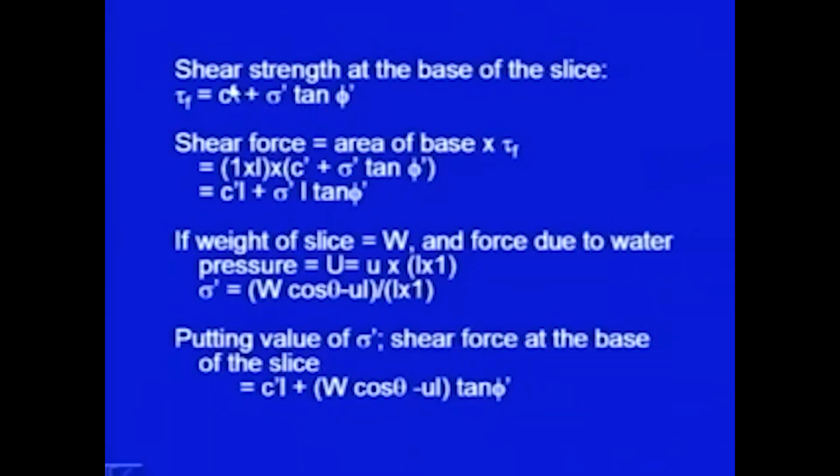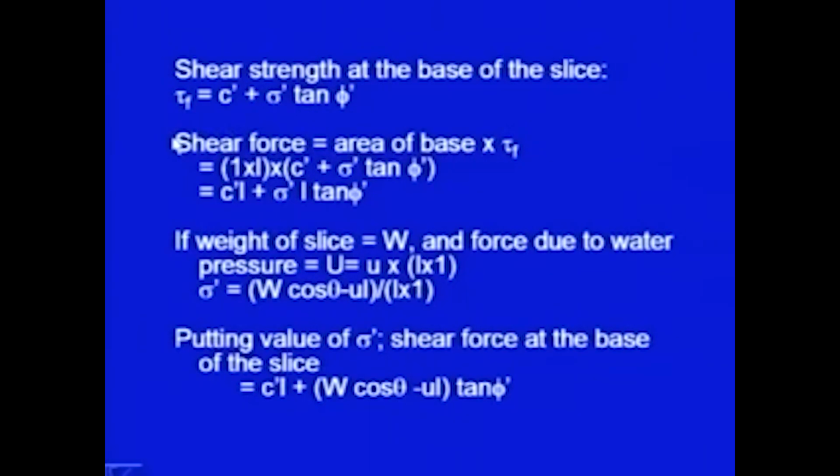The shear strength at the base of the slice will be tau f equal to C dash plus normal stress sigma dash into tan of phi dash. We can then find the shear force acting at the base, that will be equal to the area of the base into tau f.